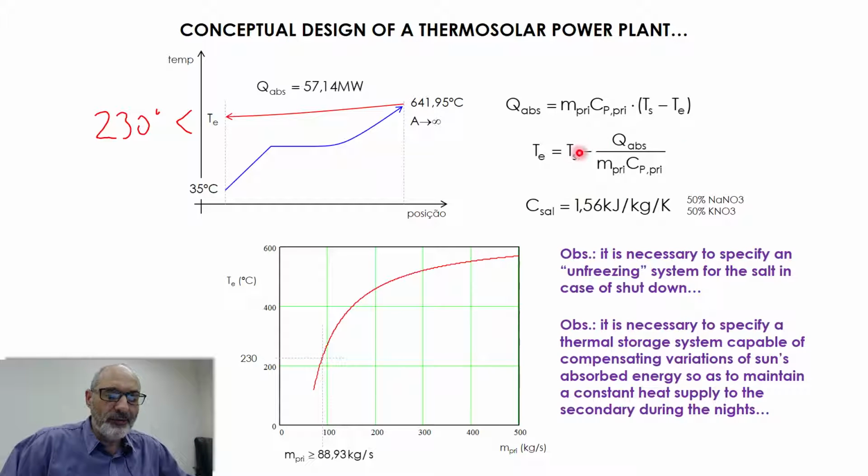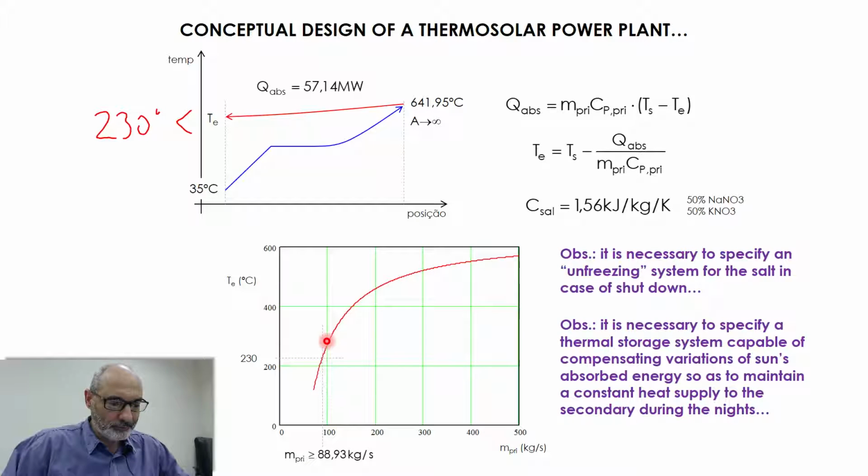This equation is plotted here, with TE from this formula and the flow rate of the primary fluid, and we get this result: above 88.93 kilograms per second, we have temperatures higher than 230.